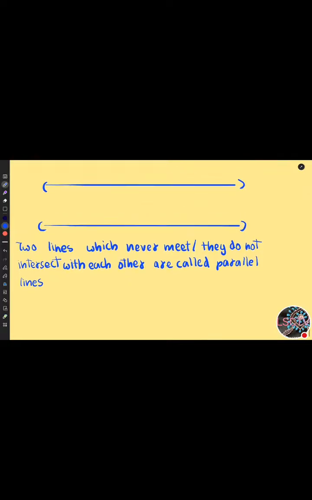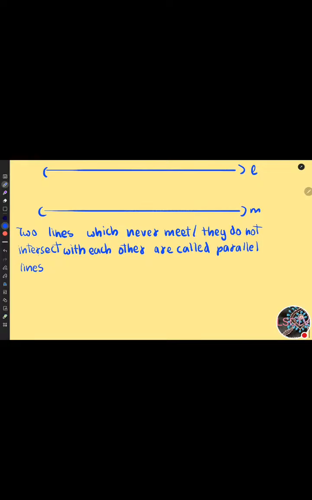Let's say L and we have M. How do you represent the idea L is parallel to M? You use these two lines. L is parallel to M. This is used to represent it.